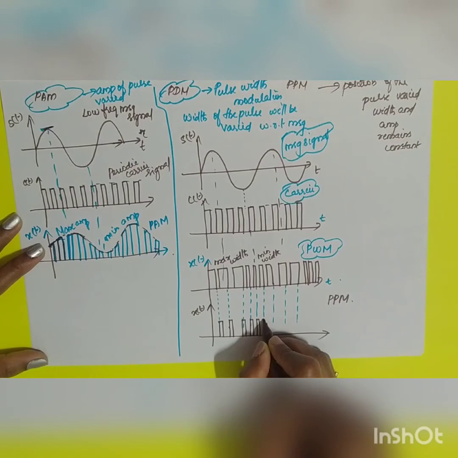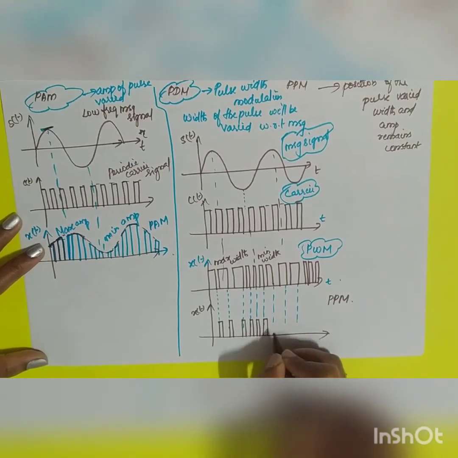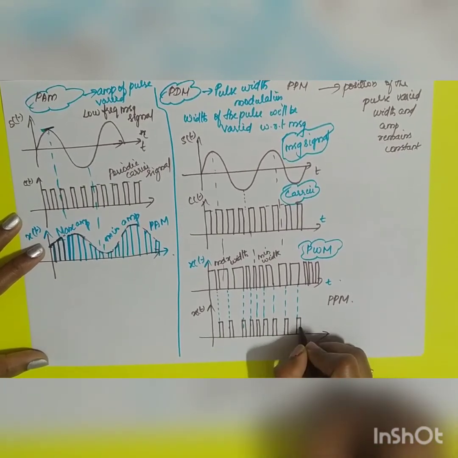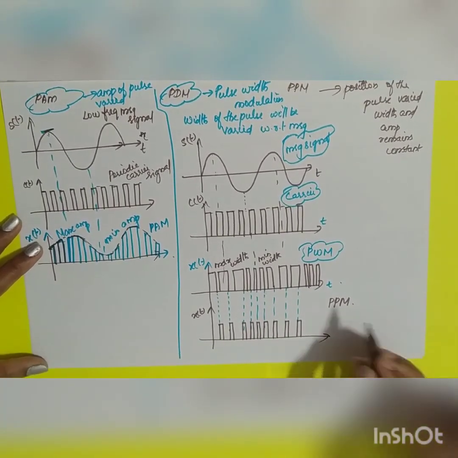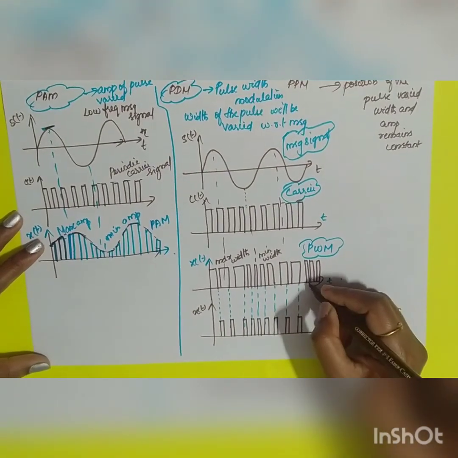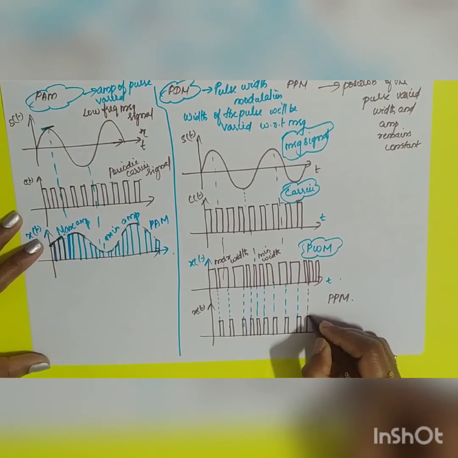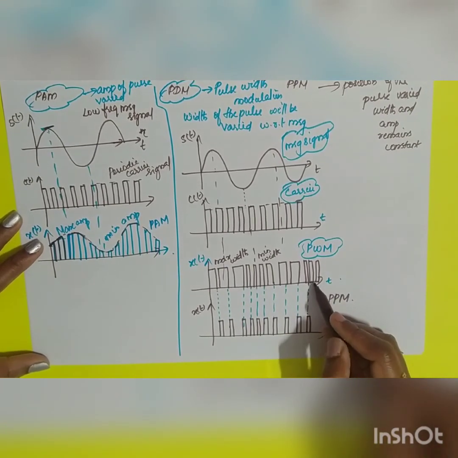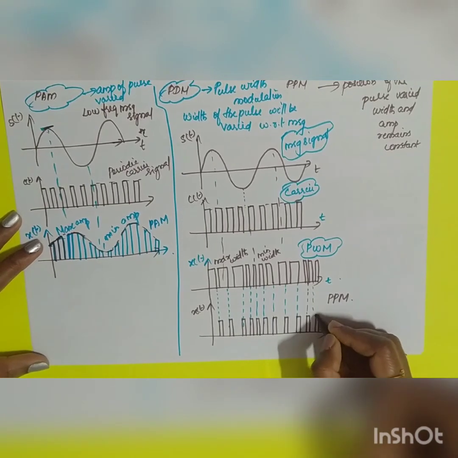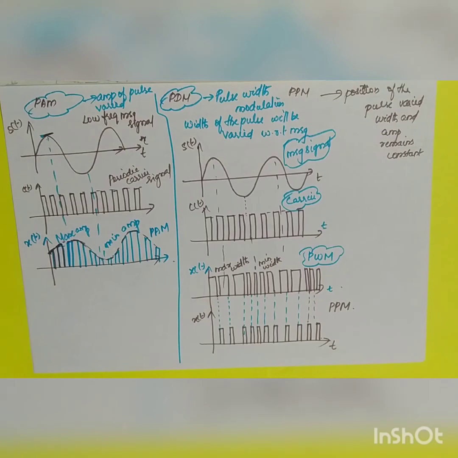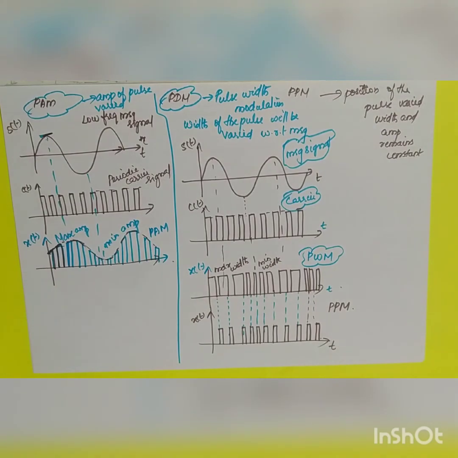Now the position will be varying, but the width remains constant. So this is how you can generate the pulse position modulated signal from the pulse width modulated signal. Again, with the negative falling edge of your pulse width modulated wave, you will be getting your PPM, pulse position modulation. All these different types of modulation are used for particular applications.